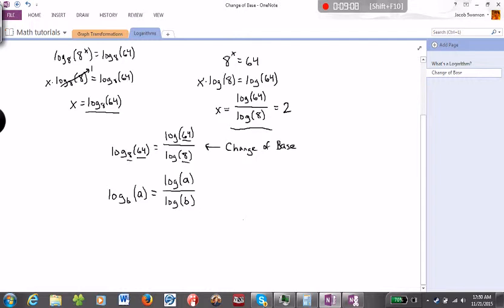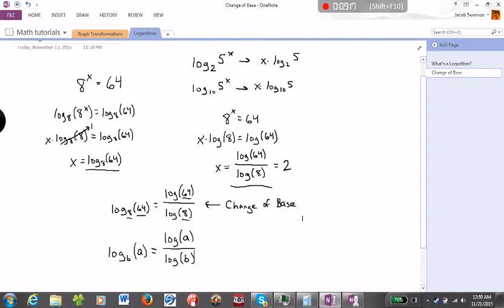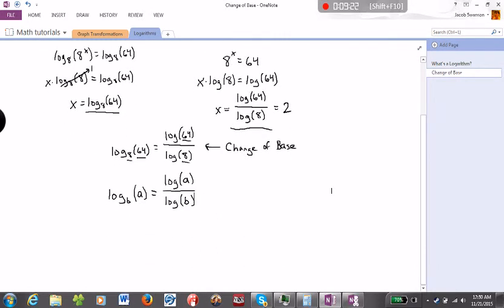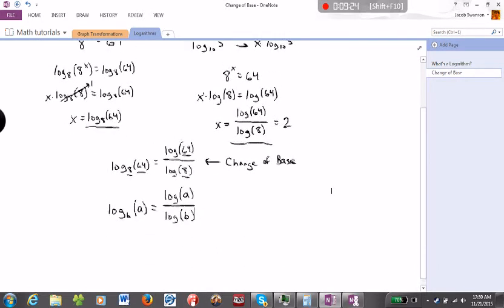And this changes the base for you. And so this also proves that we don't need specific bases on logs in order to solve problems. All we need is the log base 10 or the natural log, which we'll get to later, and we can solve any sort of logarithm problem.